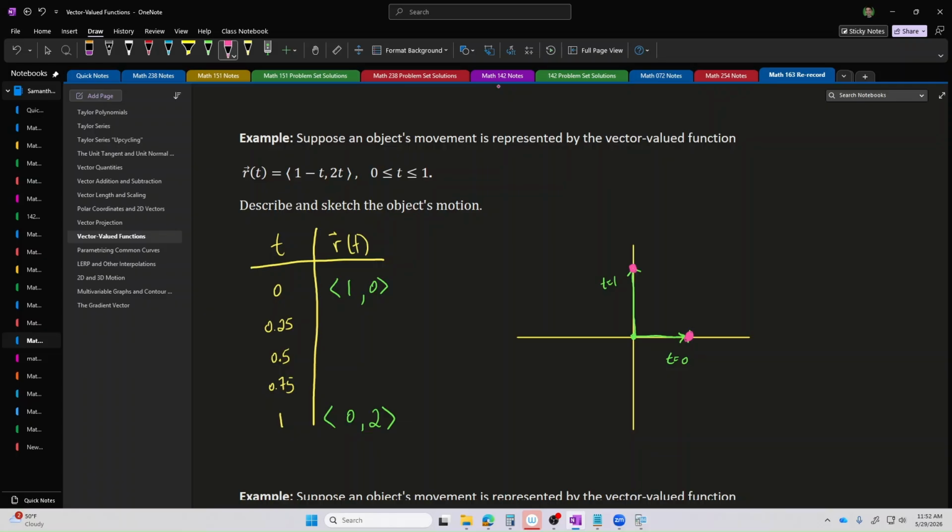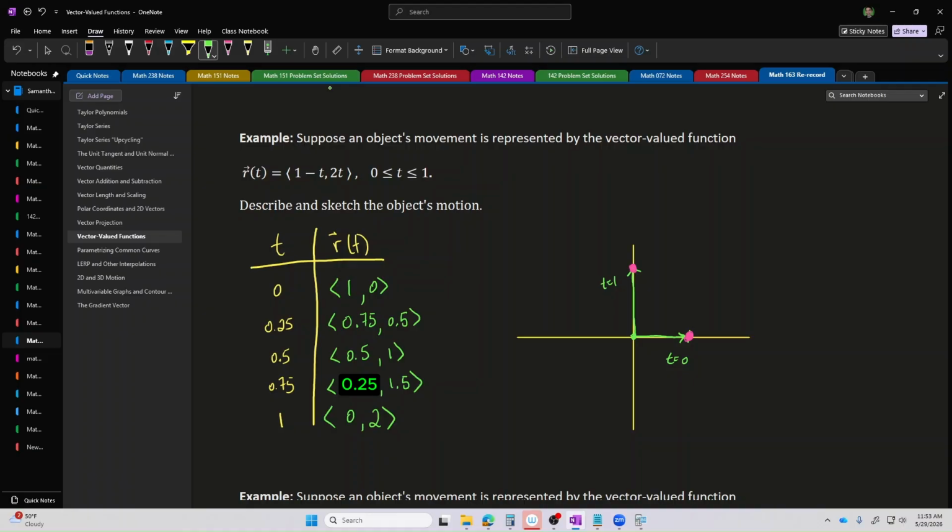You can repeat this process for the other values of t that we've used in our table. For example, when t is equal to 0.25, we get 0.75 and a half. When t is equal to 0.5, we get 0.5 and 1. When t is equal to 0.75, we get 0.25 and 1.5.